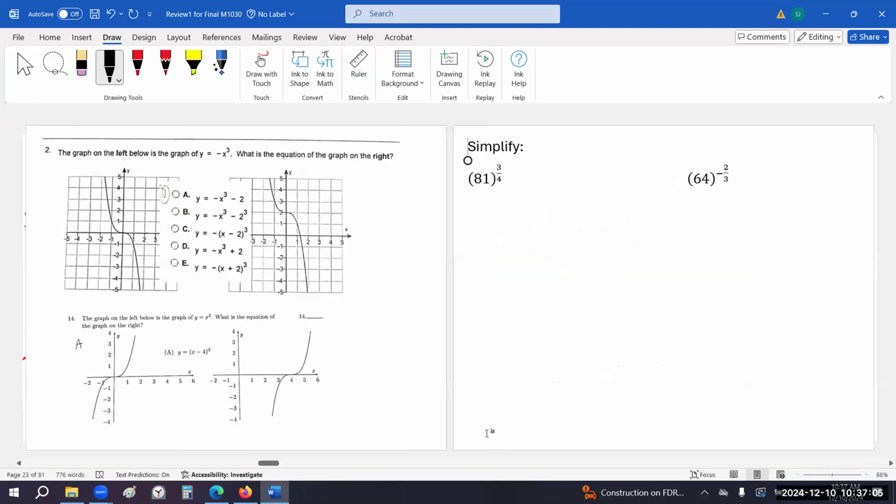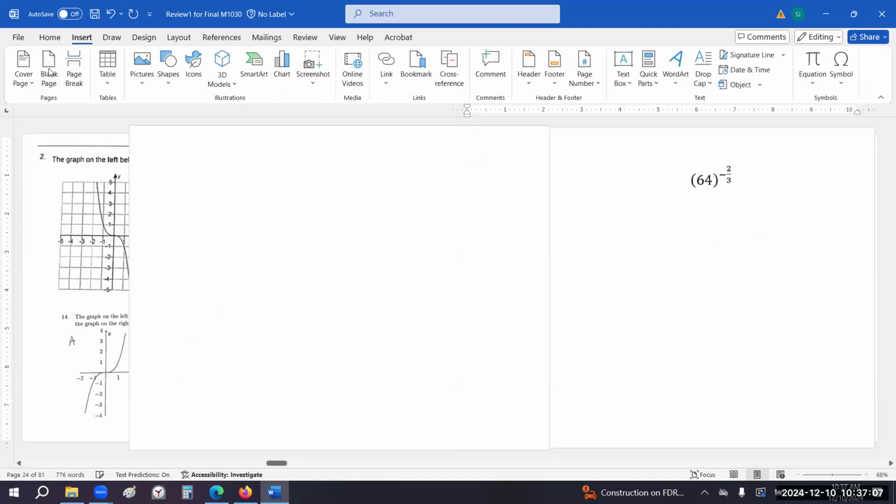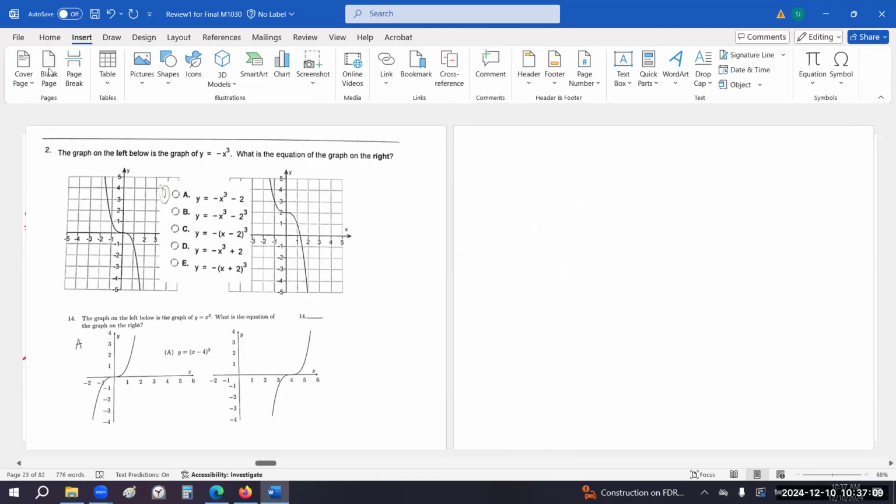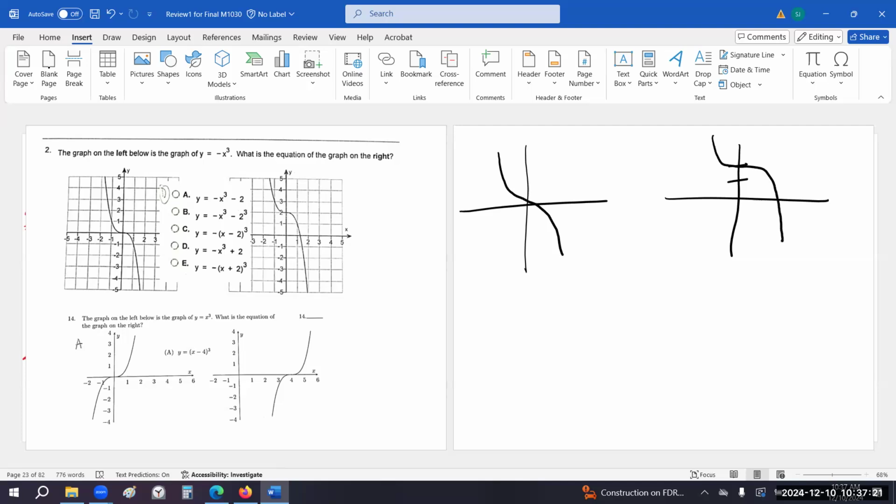Okay, so let me draw the graph here. The first one is this, and the second one is this. Question is, what's the equation of this one?